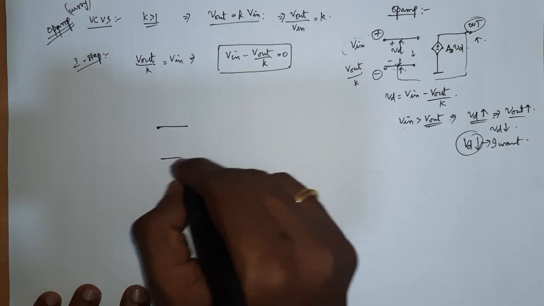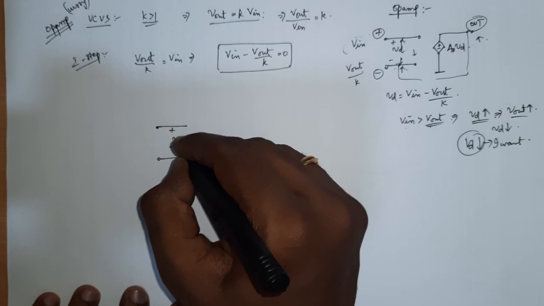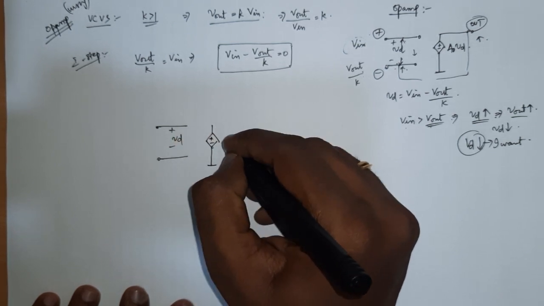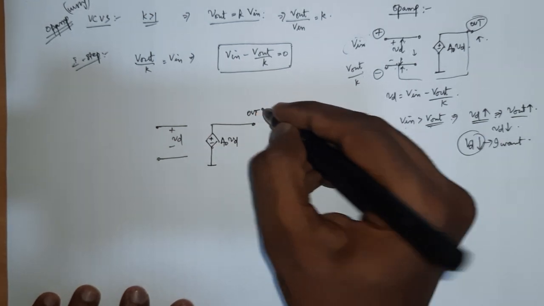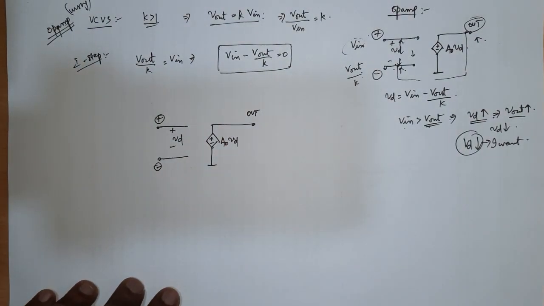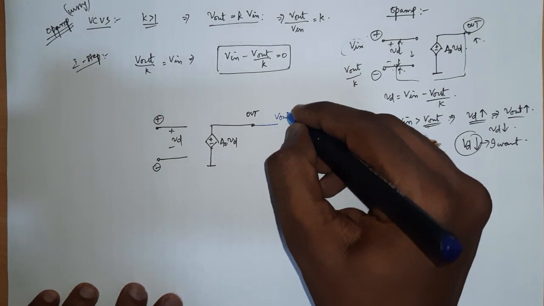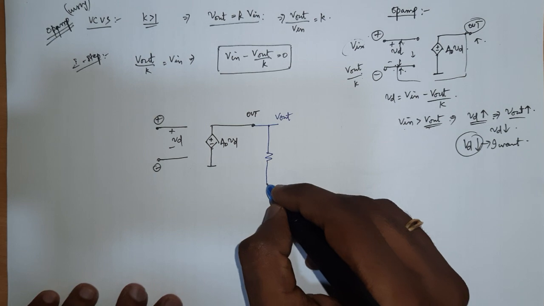So this is what we have. This difference is Vd, and this is A0 times Vd, and this is the output node, plus node, minus node. So what you are doing is taking the output, which is Vout, and you want to establish a feedback.